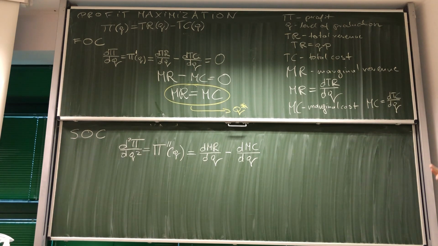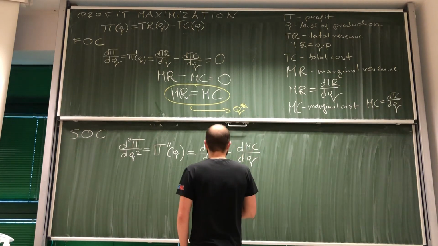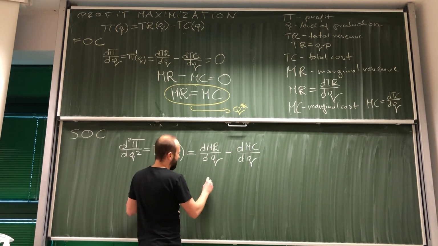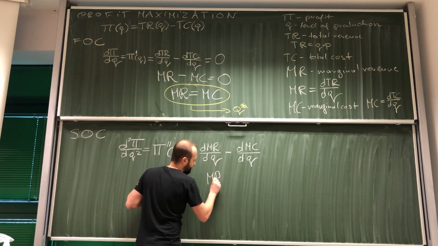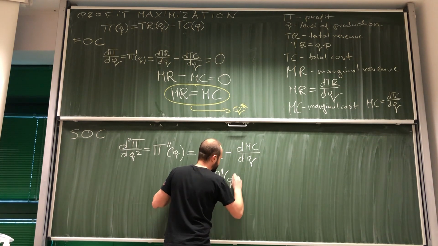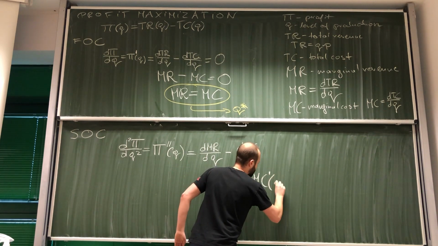And now, because we are only interested in finding maximum profit, we need to do a couple of things here. First, let me rewrite this again in a slightly different form, as MR prime of q minus MC prime of q.